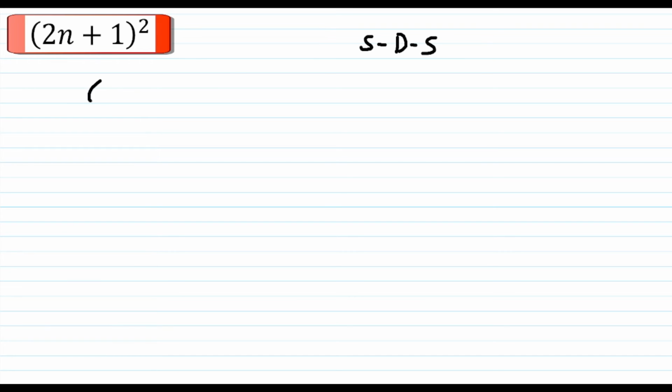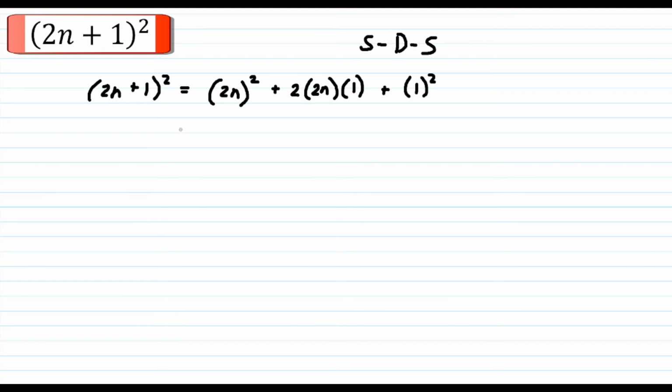Okay? So, rewrite lang natin 2n plus 1 squared. Then we have square the first term, which is 2n, plus 2 times 2n, then we have 1, plus the square of 1.